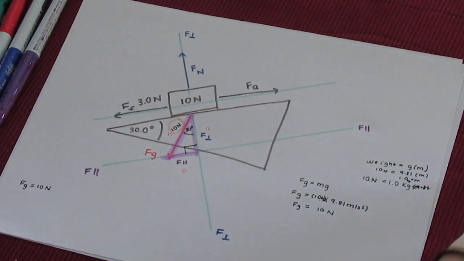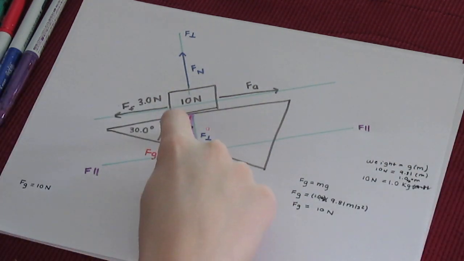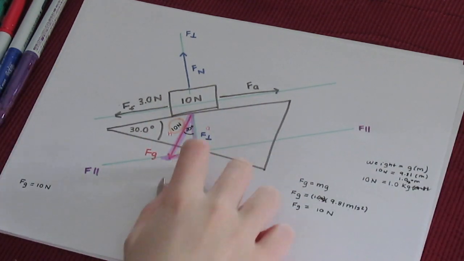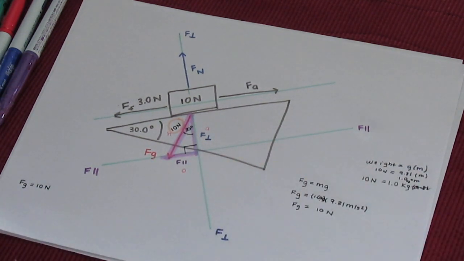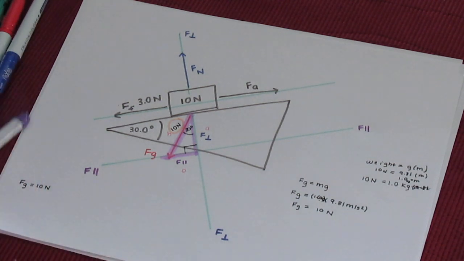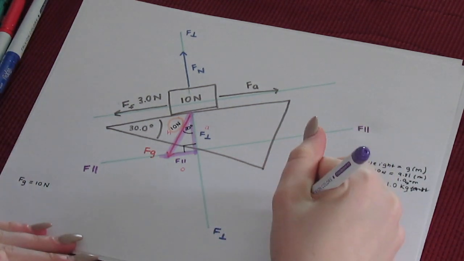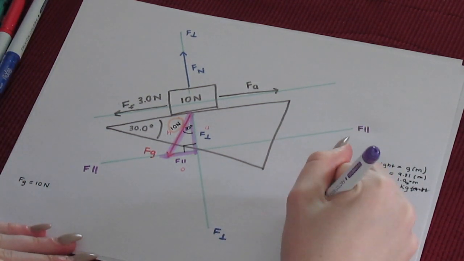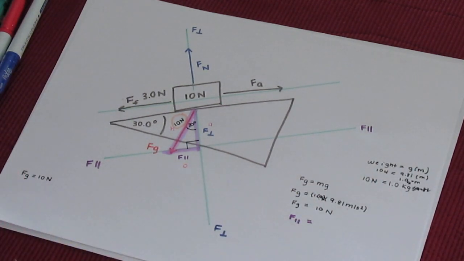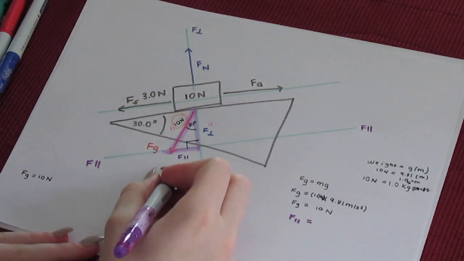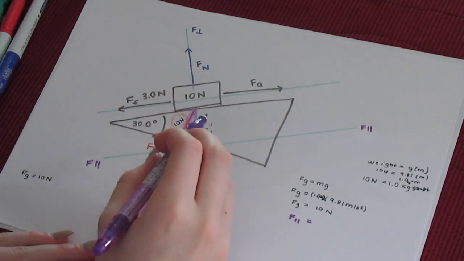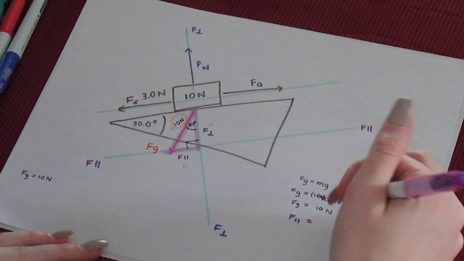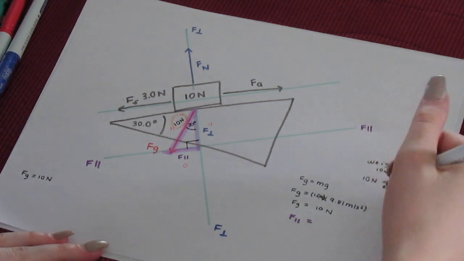Okay. And now that we have that, we can figure out our force parallel because now we have a side. So our force parallel, I'll do this in purple, equals opposite over hypotenuse, so SOHCAHTOA.